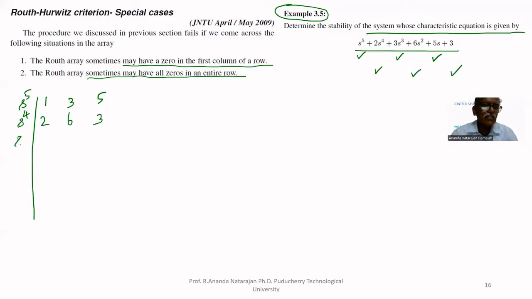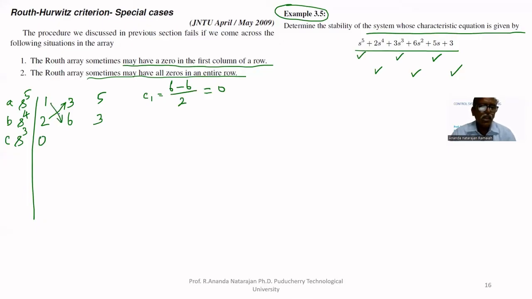Now let us find the s cube row. C1 equal to (2 multiplied by 3 minus 1 multiplied by 6) divided by 2, that is 6 minus 6 divided by 2, equal to 0. So you will get a 0.